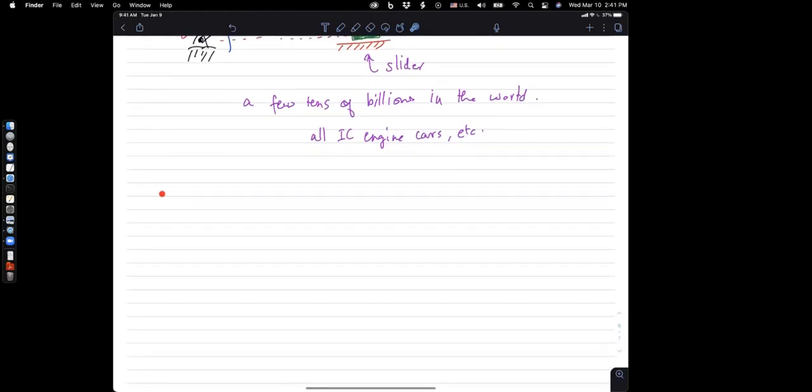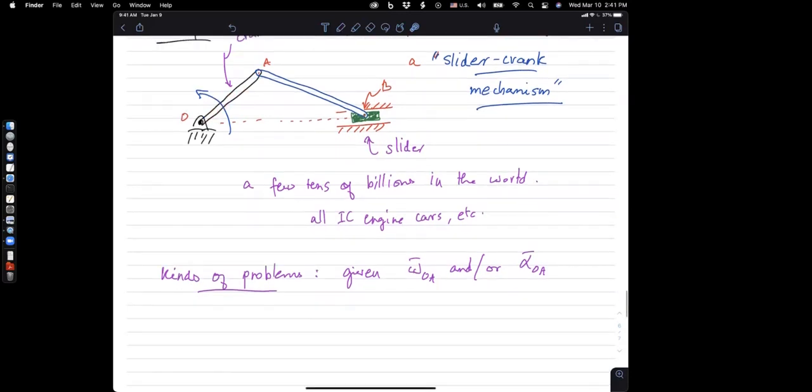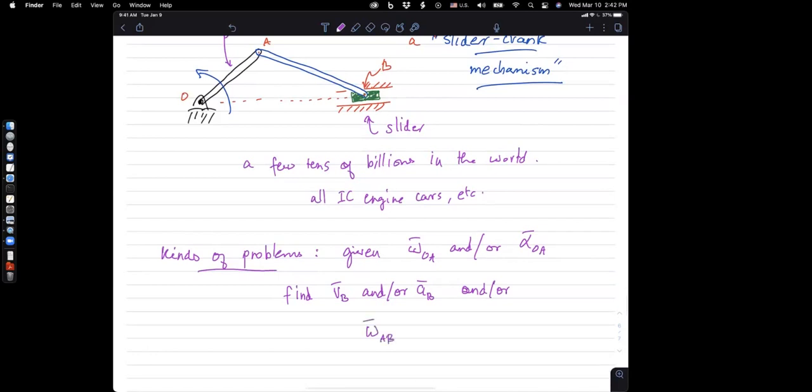So, kinds of problems. Given omega OA and/or alpha OA, where OA is this crank, find VB and/or the linear acceleration of B, and/or omega AB, where AB is a rigid body and might have some angular velocity, and/or alpha AB.